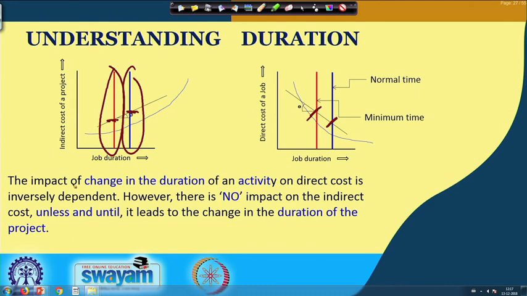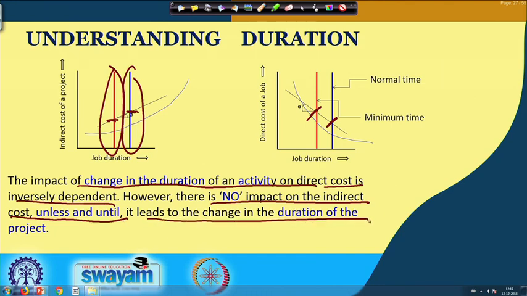The impact of a change in the duration of an activity on the direct cost is inverse. There is no impact on the indirect cost unless it leads to a change in the duration of the project, because indirect costs are not job dependent, they are project dependent, time dependent.